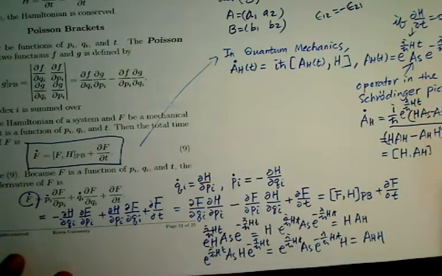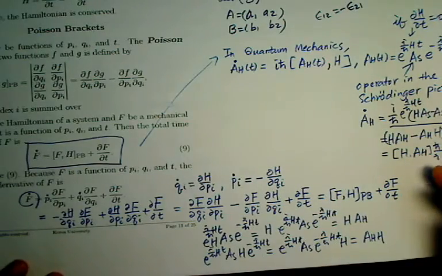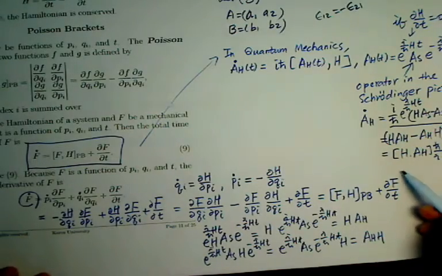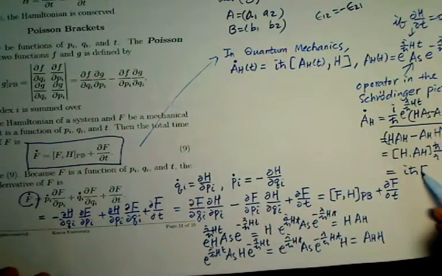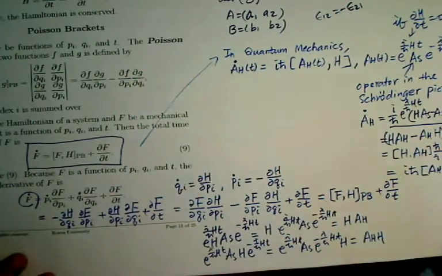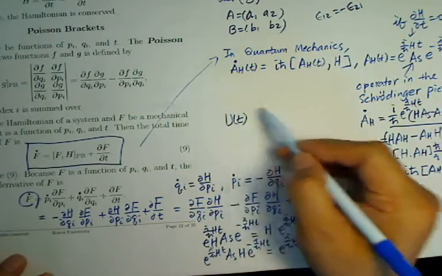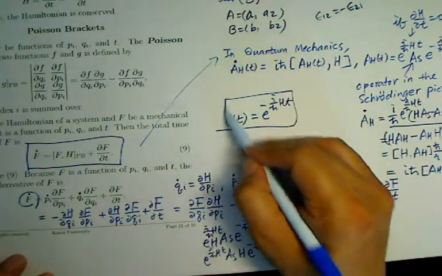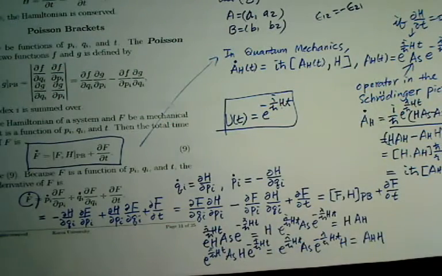This commutator has the sign flip if we exchange the order. Therefore, I have the commutator of A with the Hamiltonian. Because of U(t), the time evolution operator, we know the Hamiltonian is the generator of the time evolution.